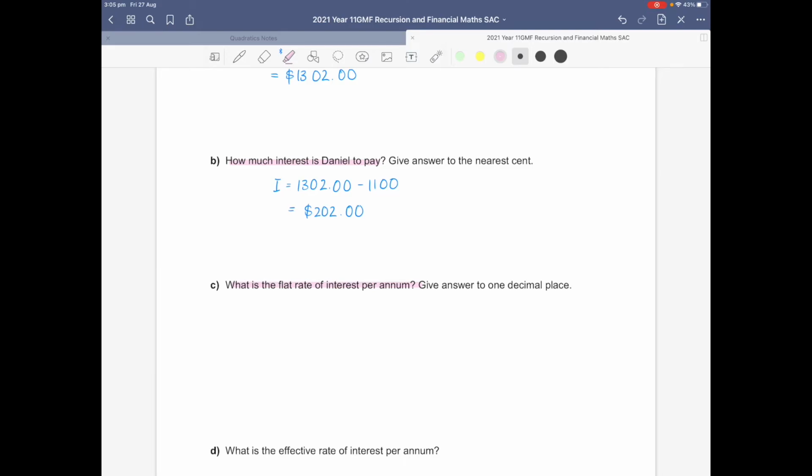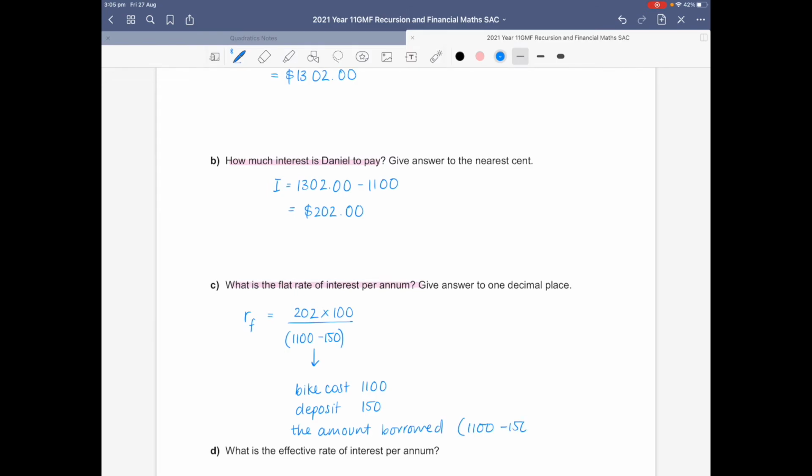So what we needed to do here was RF equals 202, which was the amount of interest, times by 100, divided by 1100 minus 150, and that's because the bike cost $1,100, but he put a deposit of $150, which actually means that the amount borrowed was 1,100 minus 150.